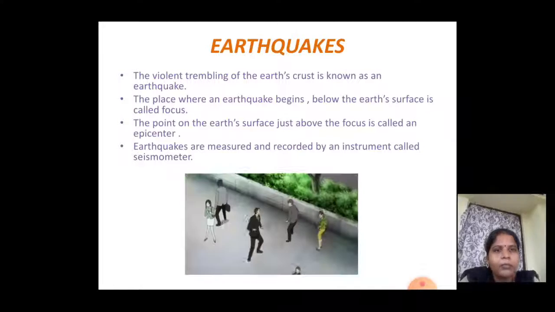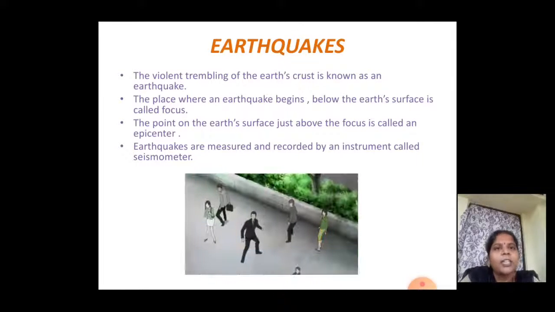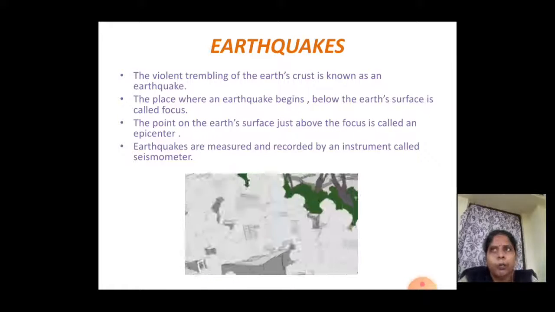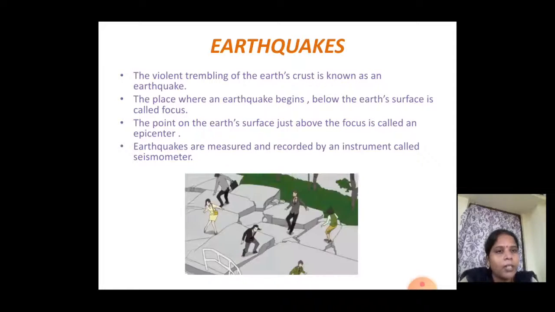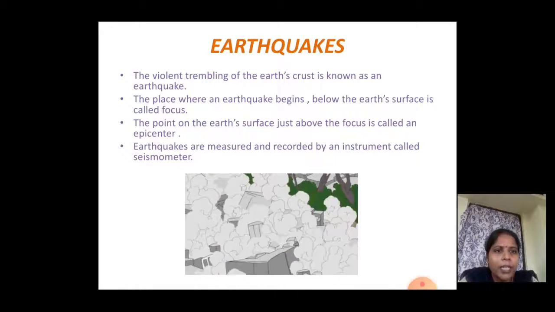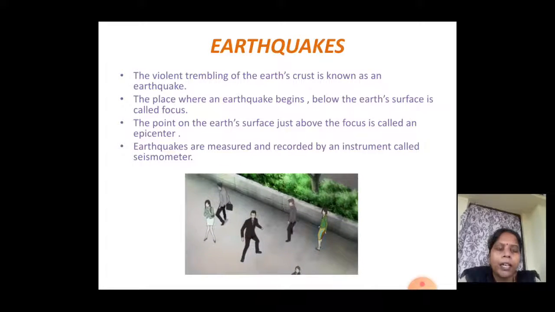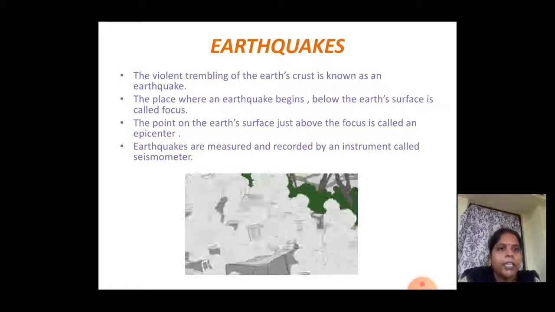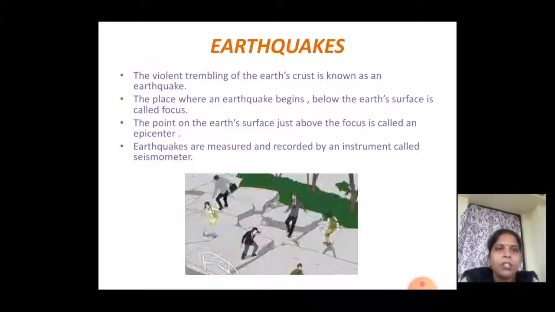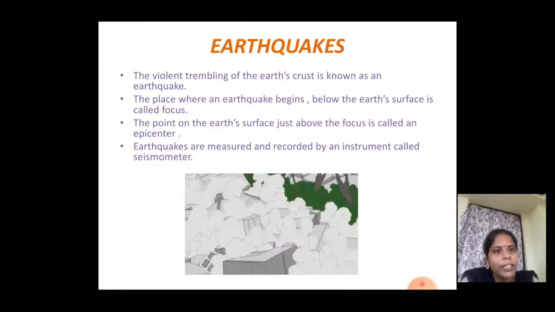Earthquakes cause a lot of destruction to life as well as property. Property means, children, whatever buildings and assets we have. You know children, on 26th January 2001, an earthquake hit the city of Bhuj in Gujarat. What is the importance of that day?